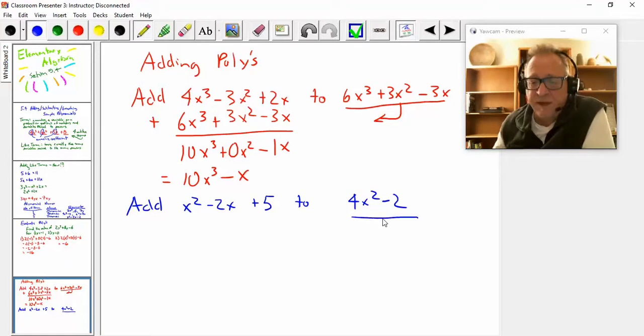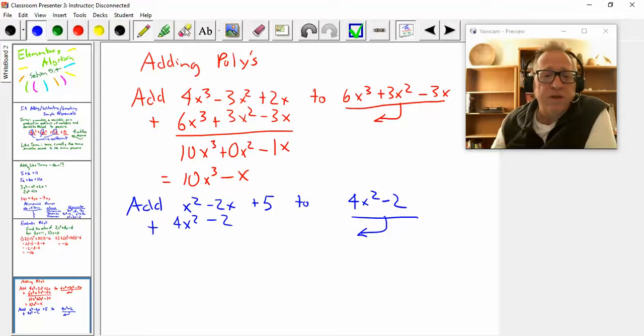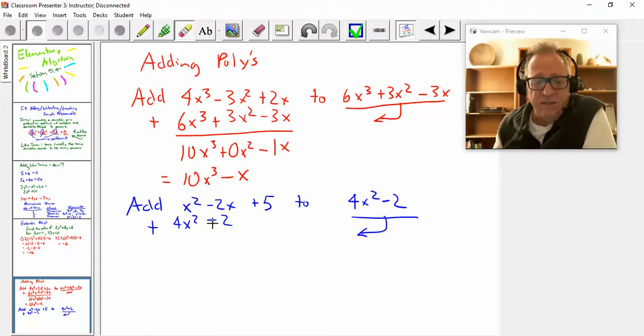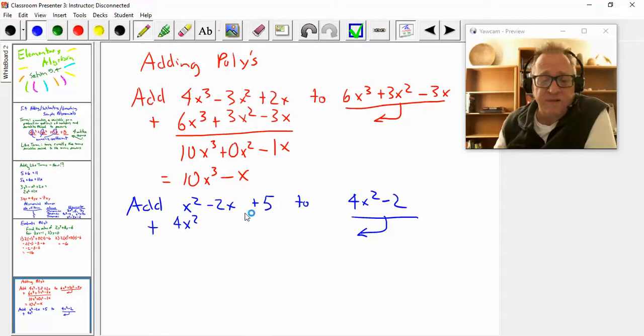Well, again, I'm going to take this polynomial, put it underneath the other one, lining up the like terms. All right, got an x squared, so, yep, it's addition. We got 4x squared minus 2. I'll just throw that here. Oh, no, I won't. That's not a like term, is it? No, it's not. Let's see, there's the like term, the plus 5. So I will put that negative 2 over here.